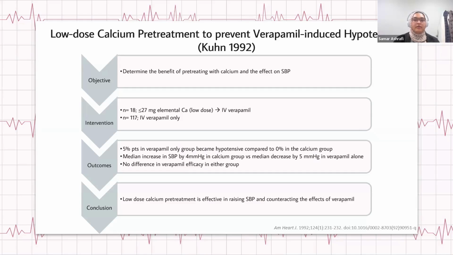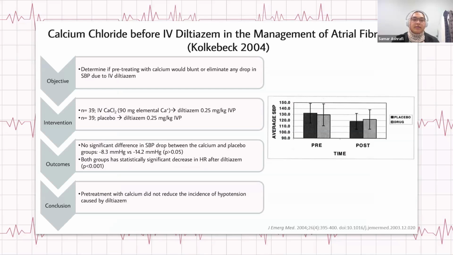And that's typically the reason why we're not reaching for verapamil so often in patients that present to our ED in RVR, just because we know that the risk of hypotension is so large with that one compared to diltiazem. However, could we still use calcium before diltiazem? And what are the effects that can occur? So the first trial that actually looked at calcium chloride before DILT was in 2004 by Kroll and colleagues.